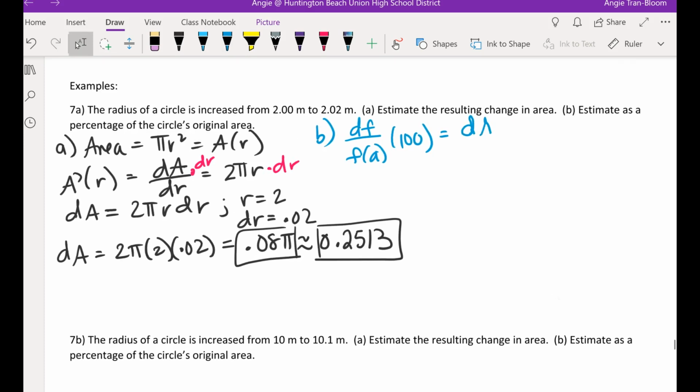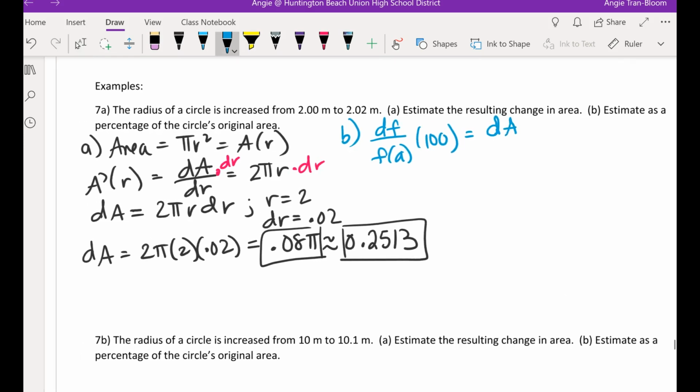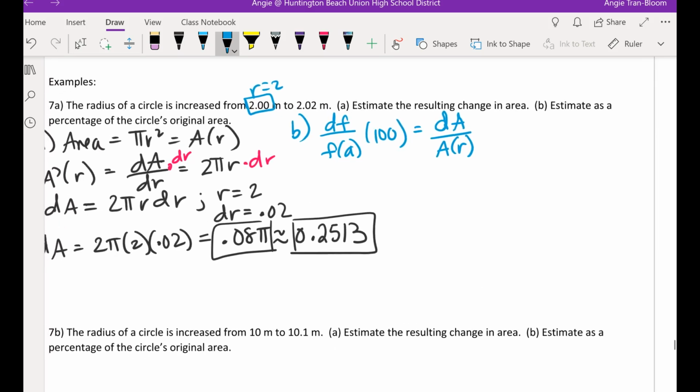Because r is talking about area, dA over, I don't have f of a, but I have the area, the change in the area, and area of r, okay? Remember, r was originally starting out as 2. Okay, so if we do that and we multiply by 100, we're good. The change in area we found, I'm going to use the exact value, which is over here, of 0.08 pi.